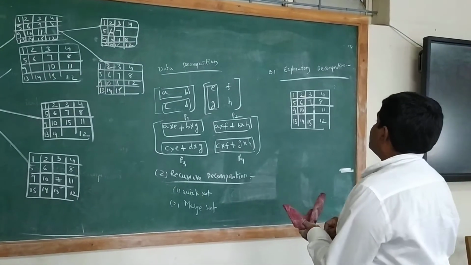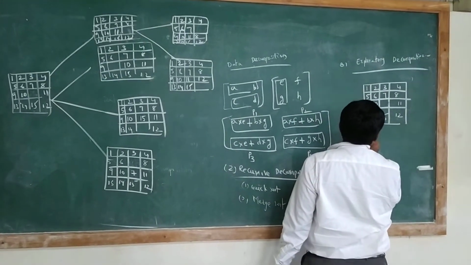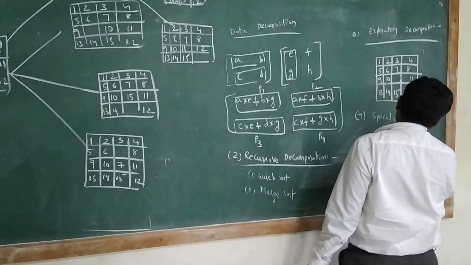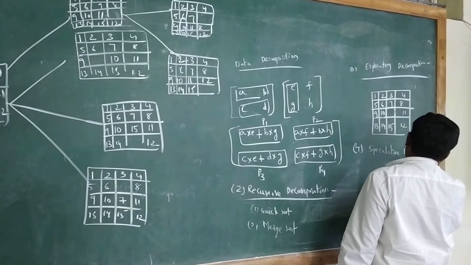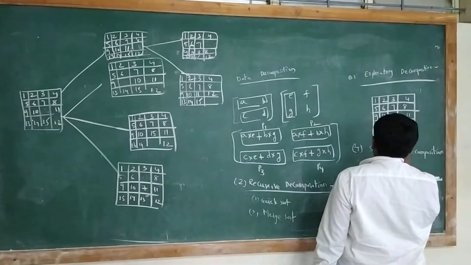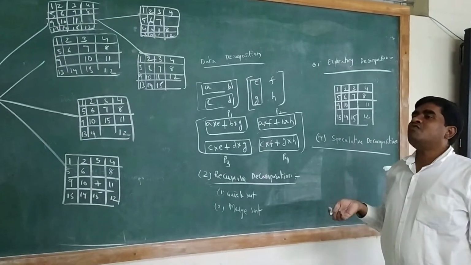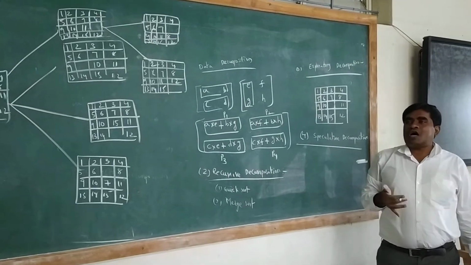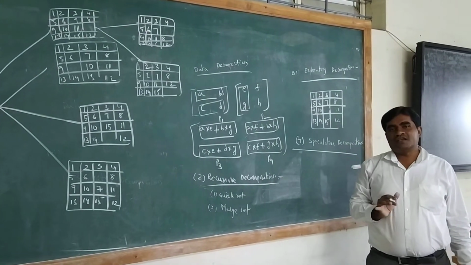So next thing, the fourth one, is speculative decomposition. See, the best example of speculative decomposition is the switch statement. Suppose after completion of 12th standard, a student wants to enter into engineering.